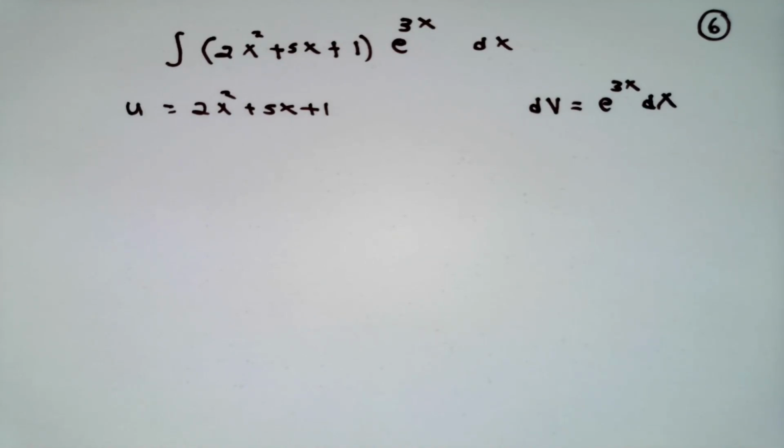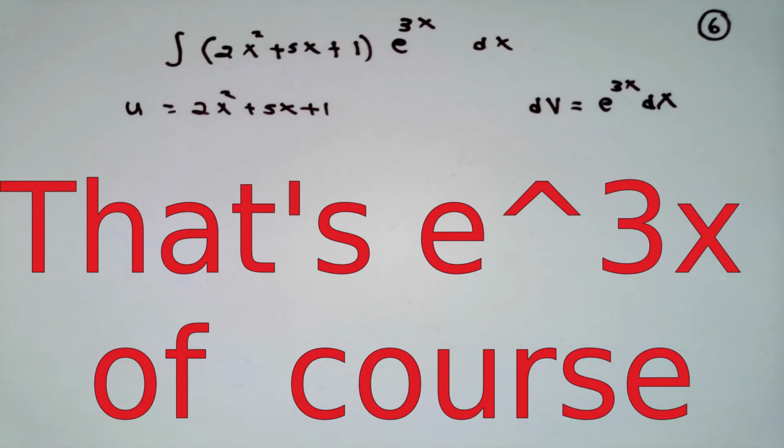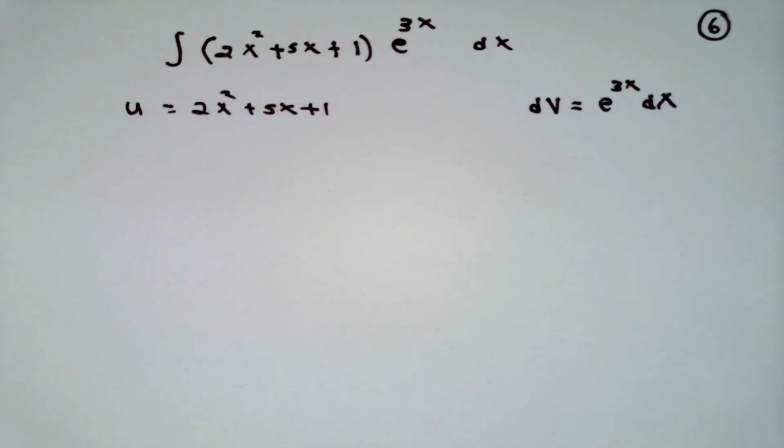As my example, I'm going to use the integral of 2x squared plus 5x plus 1 multiplied by e to the 3x. I'm going to let u be 2x squared plus 5x plus 1, so that du is 4x plus 5 dx. I'll let dv be e to the 3x dx.